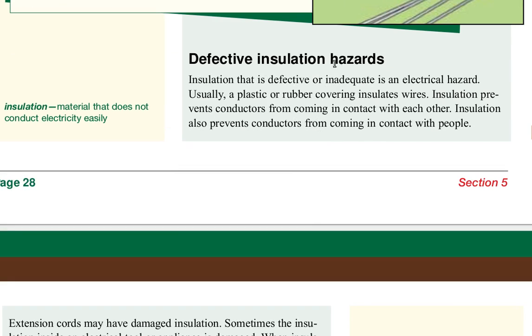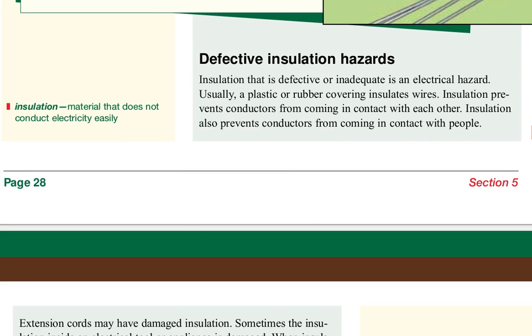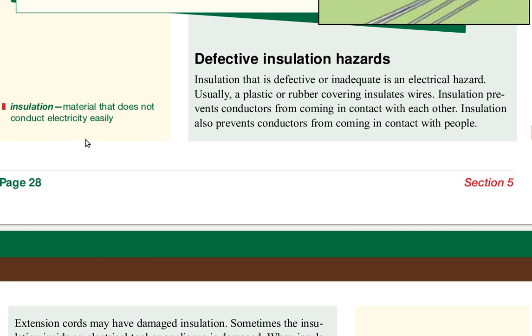Defective insulation hazards. Insulation is material that does not conduct electricity easily. So in this case, we're talking about the rubber that is around the copper in the wire, or around the aluminum.